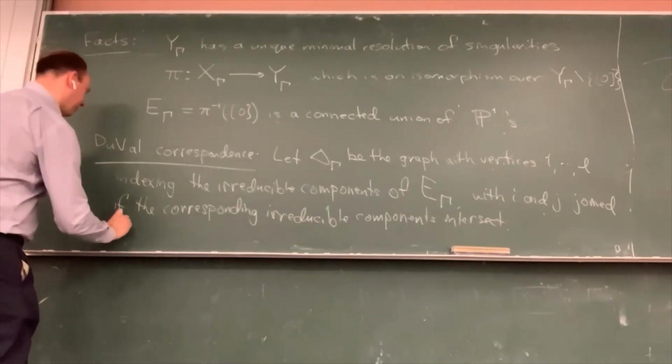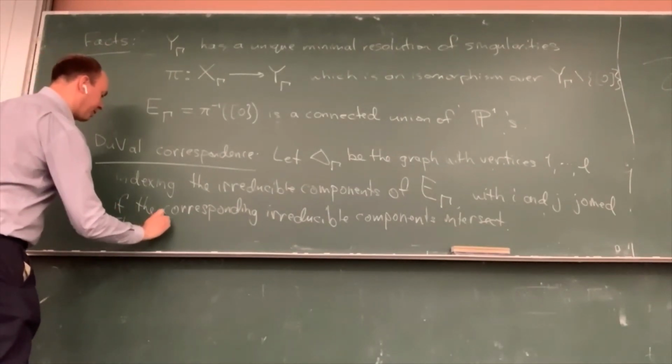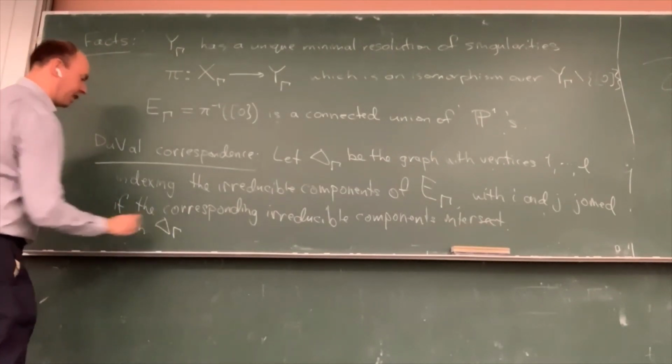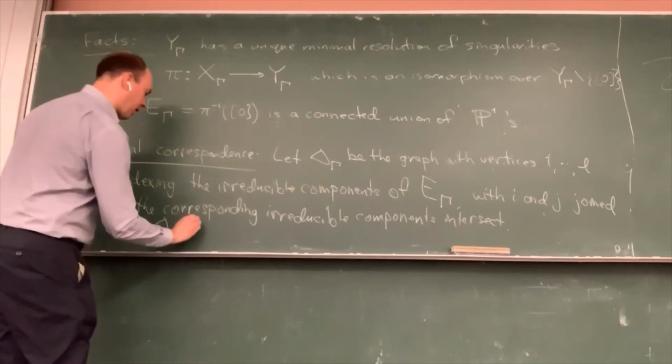Then the observation was that what you get is a finite Dynkin diagram of type ADE.